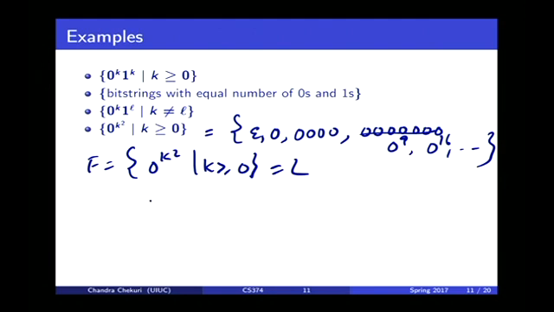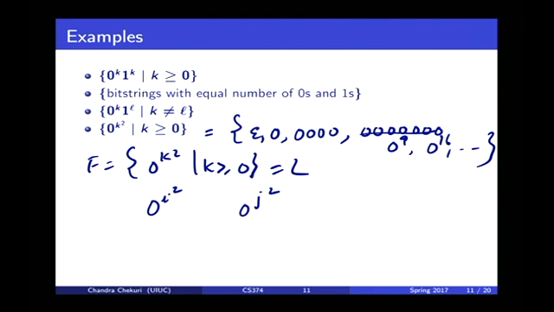If I give you two strings in the fooling set, remember, what does a string in this fooling set look like? It is 0^(i^2) for some i, and 0^(j^2) for some j. They are different, so i is not equal to j. I want to claim that these two can be distinguished by this language.